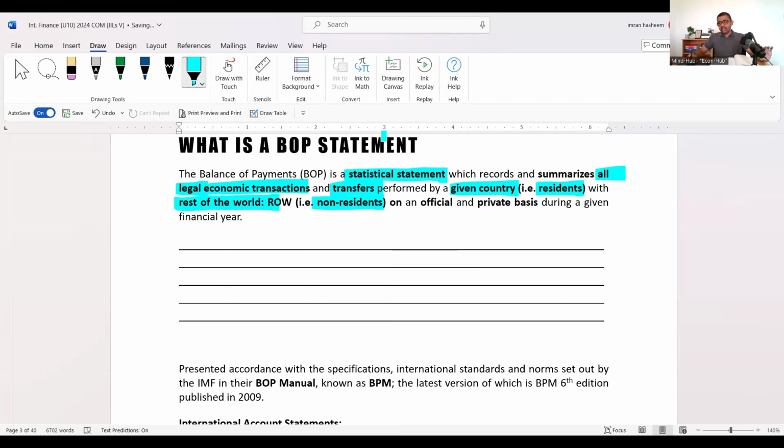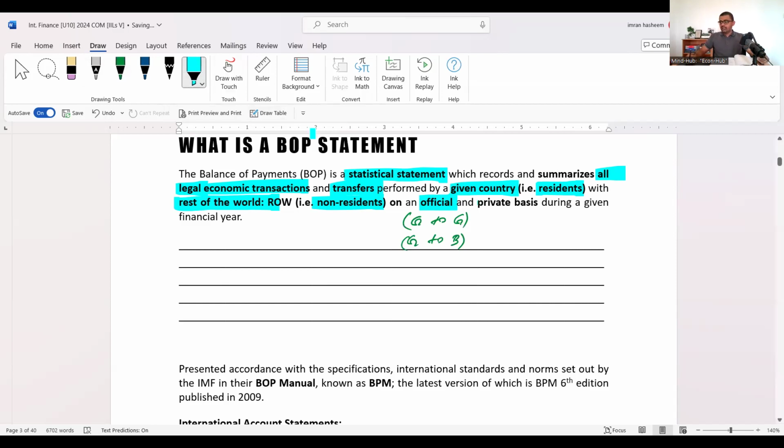Now, this can be done officially, that is, we can say G to G, government to government, or G to B, a business in another country, but still it's official because the government is getting involved.